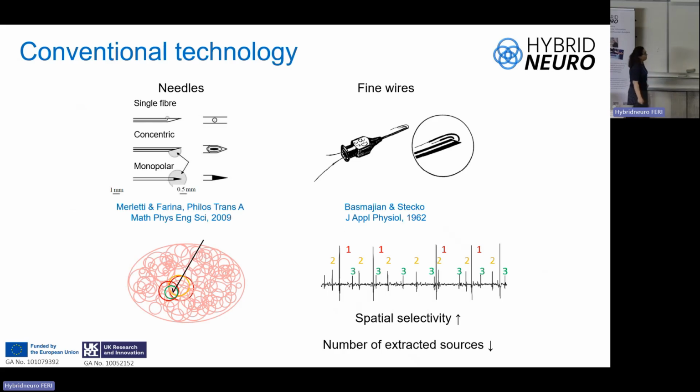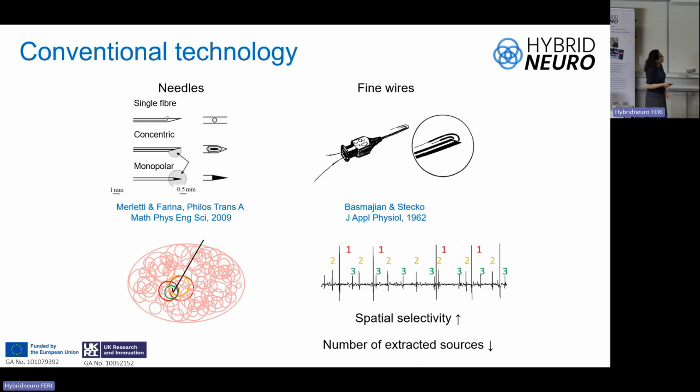This is why we thought we needed to develop another type of technology to solve these problems. This is the same slide that you have seen for conventional intramuscular EMG, where the signals are very sparse.